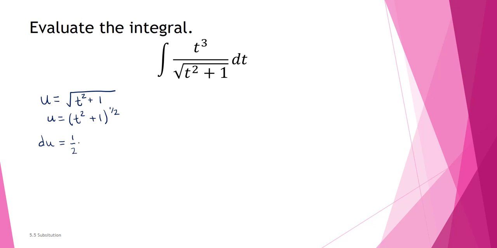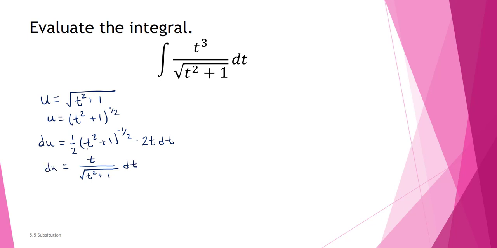So du is 1/2 times (t squared plus 1) to the negative 1/2, and then from the chain rule, I multiply by the derivative of t squared plus 1, which is 2t, and dt. Okay, these 2's cancel out, so I end up with t divided by the square root of t squared plus 1 dt, and that's du.